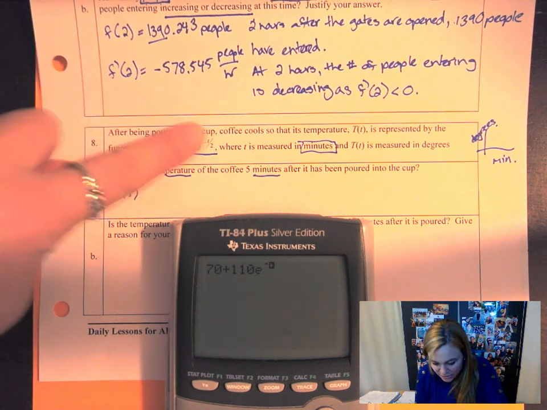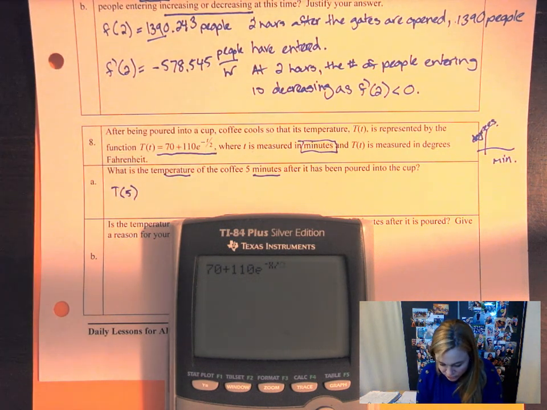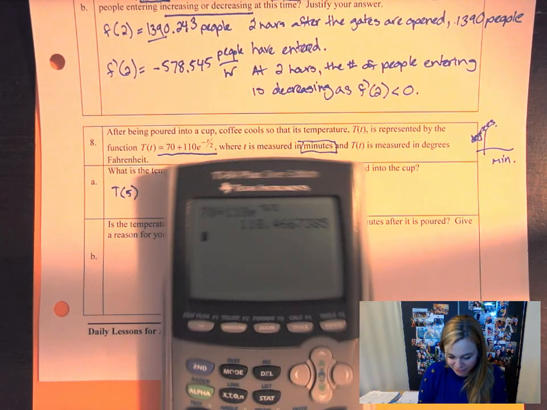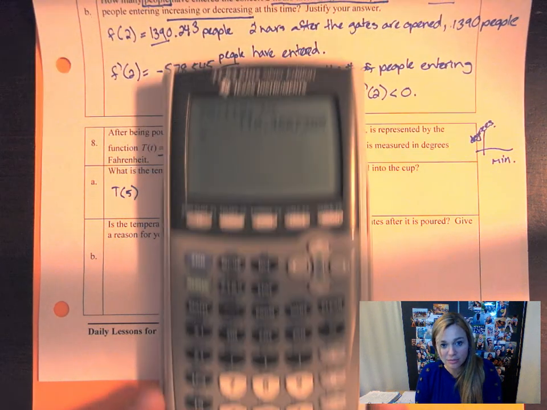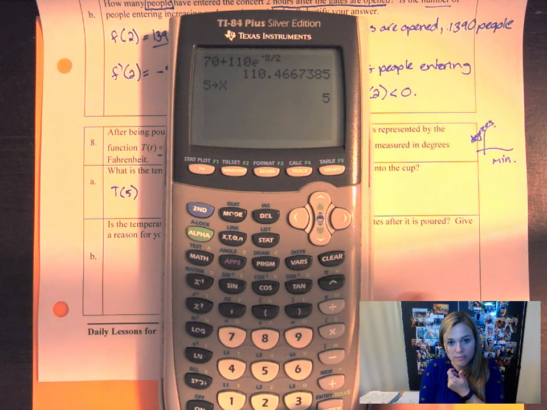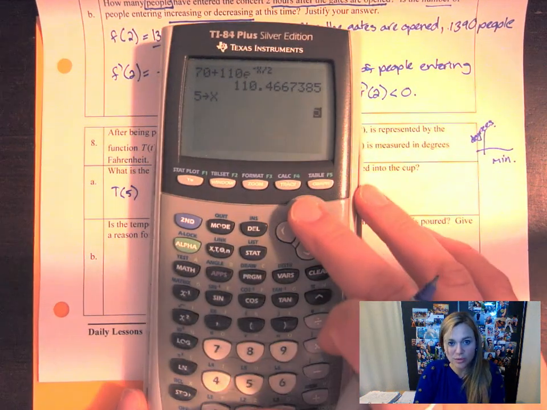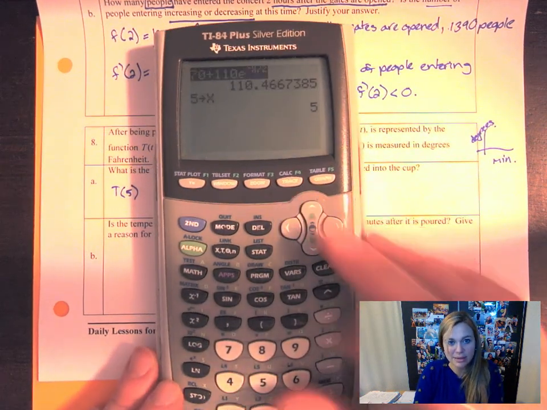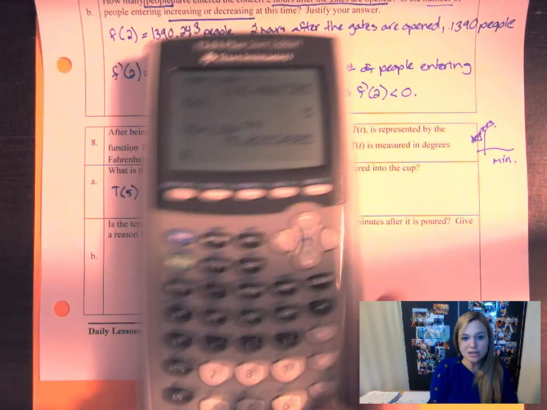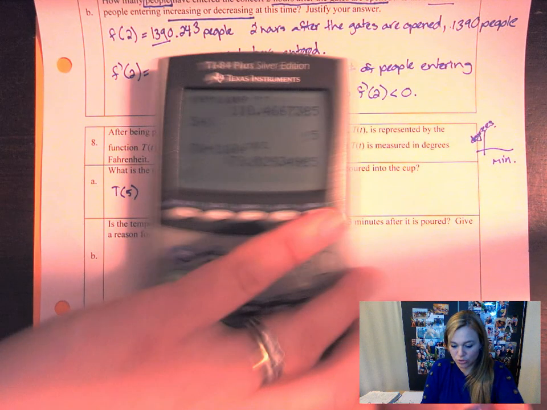It's really hard to see, but that's a t, so I'm going to say negative x over 2. And then you're like, yeah, that answer doesn't mean anything. What I want to do is say 5, and then use this button down here, store for x. And then I'm going to go up here again, because that means anywhere I get an x, I'm going to put in 5 instead. And I get this answer of 79.029.